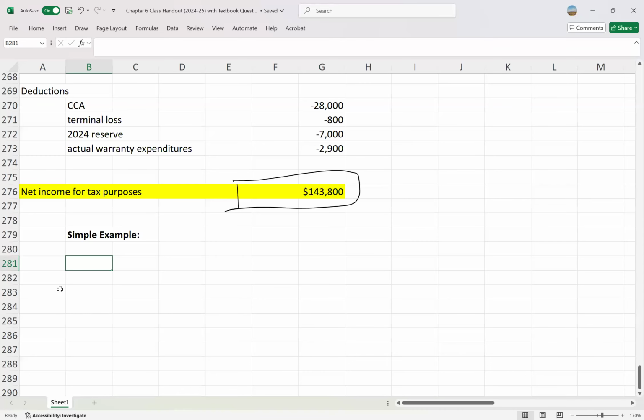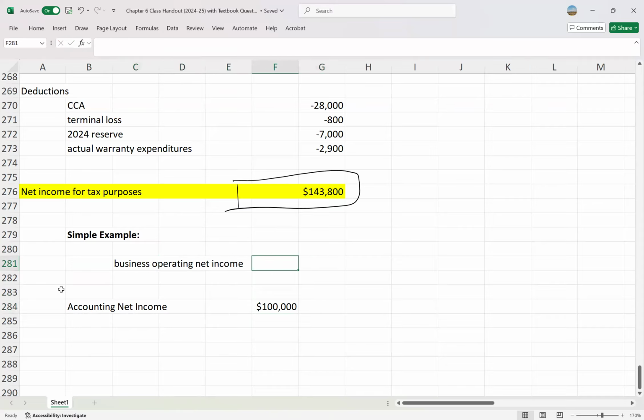Let's say that we have accounting net income. And let's say the accounting net income is $100,000. So let's break it down as to what that's comprised of. Let's say this accounting net income is comprised of our business operating net income.